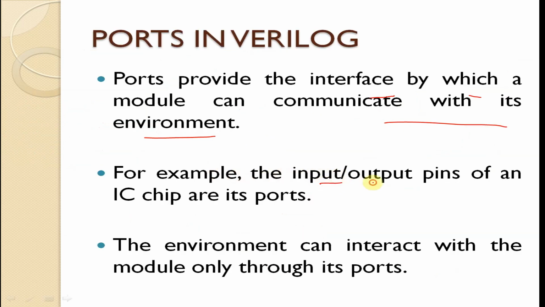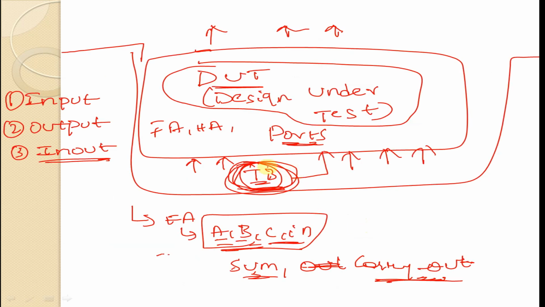For example, input and output pins of an IC chip are its ports, and the environment can interact with the module only through its port. Here in our case, the TB can interact with the design only with the help of ports, that is input port, output port and inout. Without these ports, this TB cannot interact with our design.